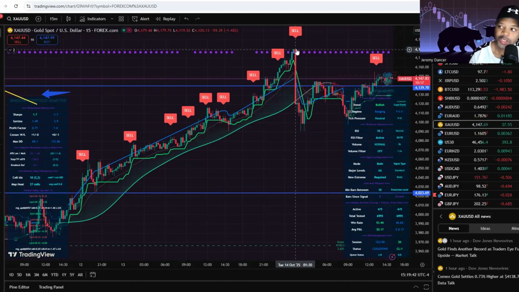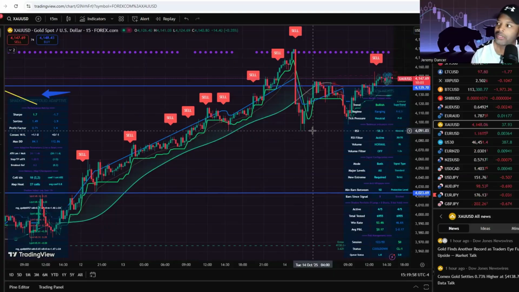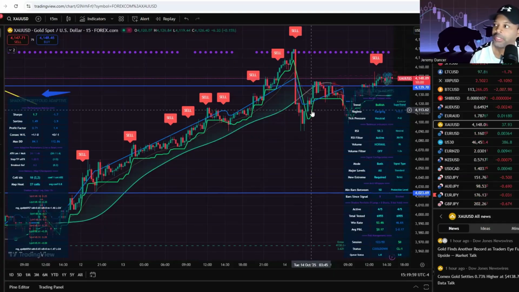And then when the correction finally happened, this right here was almost 1,000 pips. If you sold from here and took your profit down here, you would have made 900 pips, because that was a monster of a setup.